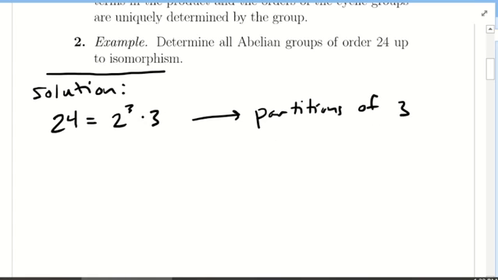And I mean this 3, not that 3. Okay. Well, you've got 3, you've got 2 plus 1, and then you've got 1 plus 1 plus 1. That means there are only 3 possibilities for the cyclic subgroups that correspond with this prime power factor of the order 24.